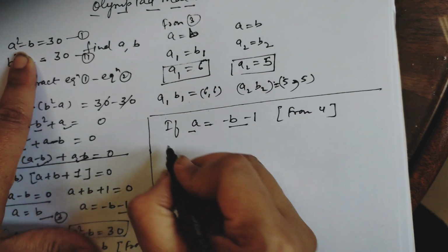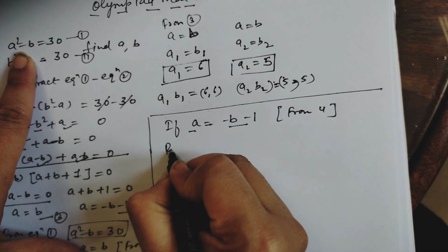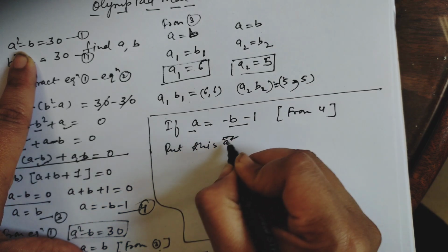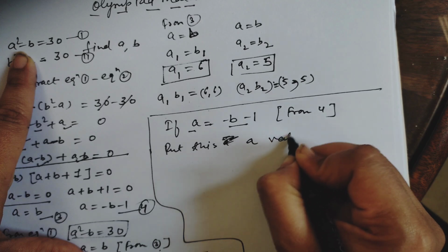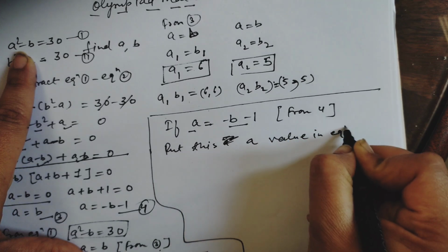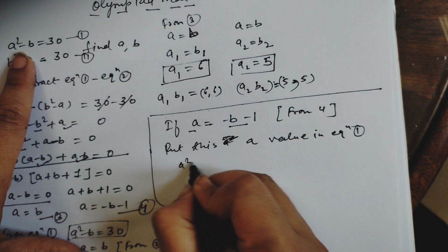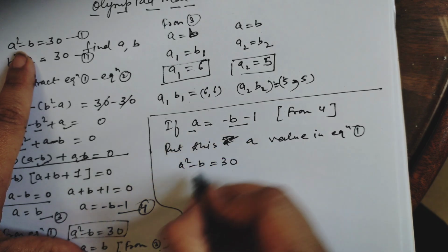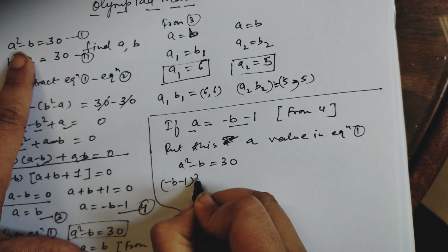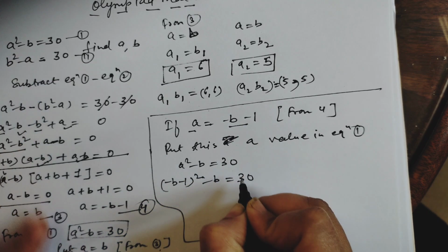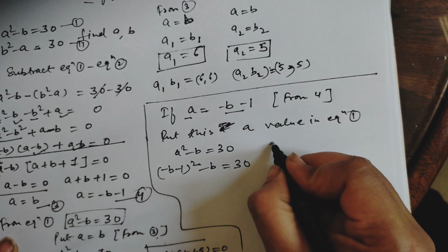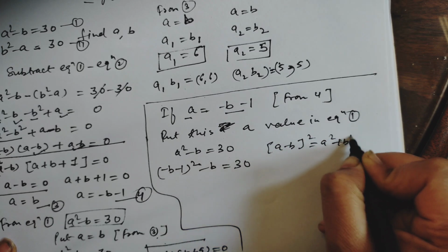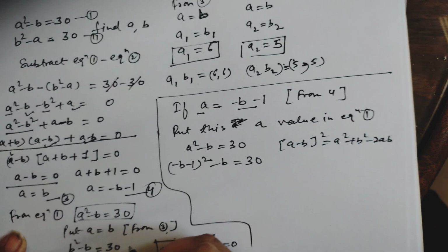We'll take equation number 1, so we write equation number 1 here and put the value of a: a is minus b minus 1 whole square, minus b equals 30. Now we apply the identity a minus b whole square equals a square plus b square minus 2ab.